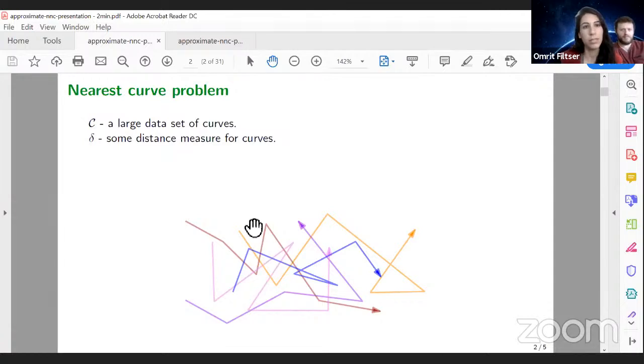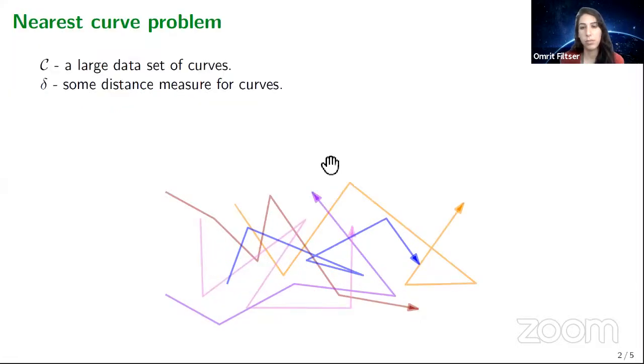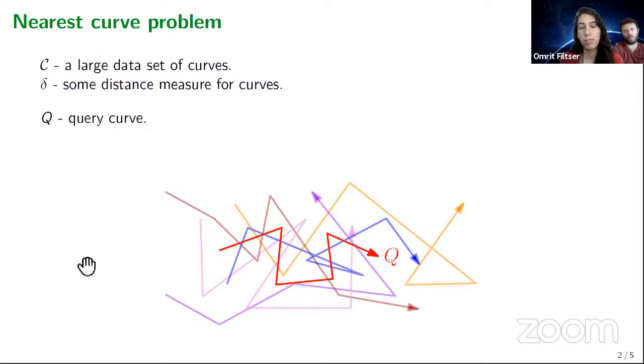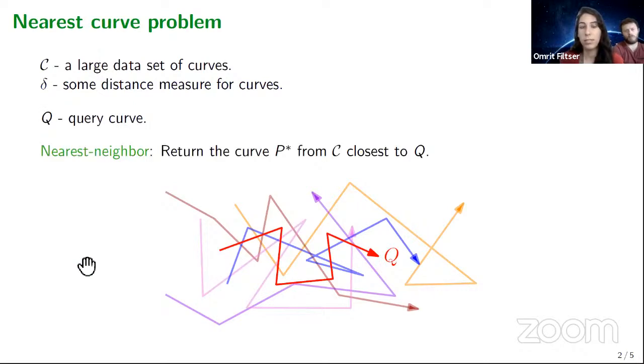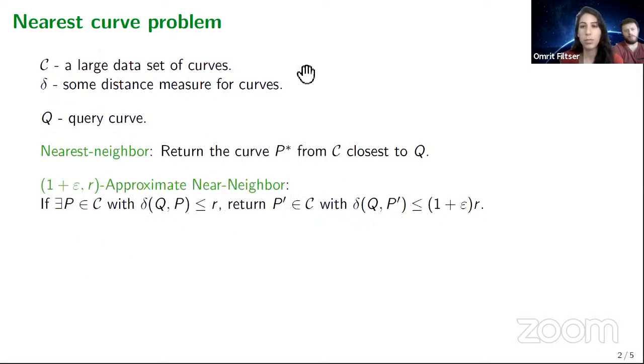My talk is about the nearest curve problem. You're given a large data set of curves, and you have some distance measure for curves, delta, and you want to pre-process this data set such that given a query Q, you can quickly return the nearest neighbor, the closest curve to Q. In this paper, we consider the approximate decision version of this problem.